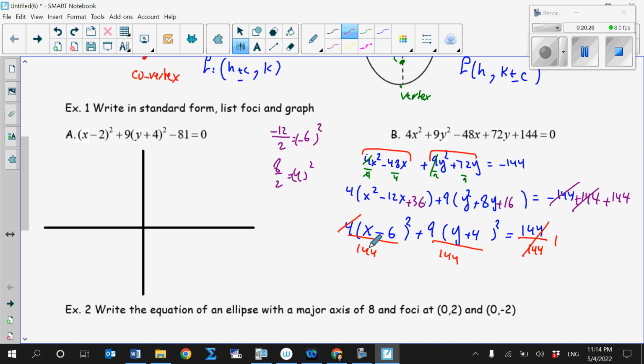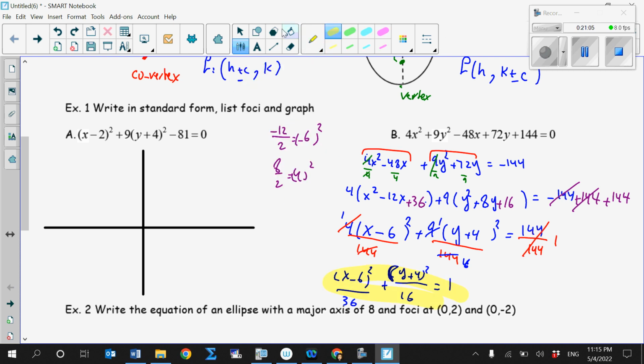So if we simplify, we will have (x minus 6) squared over 36, because 4 divided by 4 is 1, 144 divided by 4 is 36, plus (y plus 4) squared over 16, because 9 divided by 9 is 1, 144 divided by 9 is 16, equal to 1. So this is the equation of this ellipse.